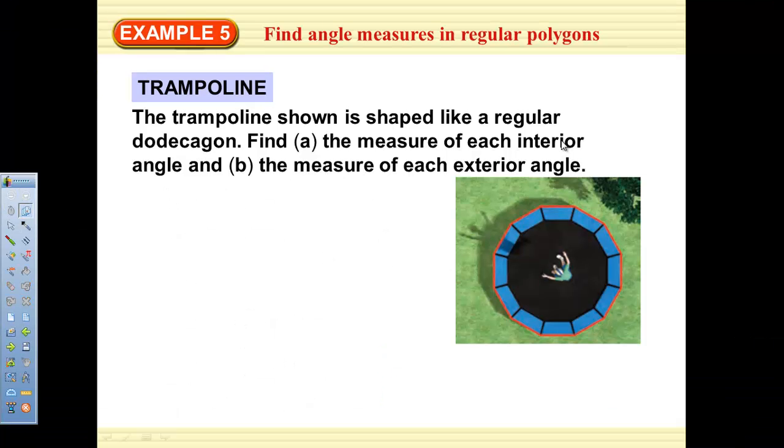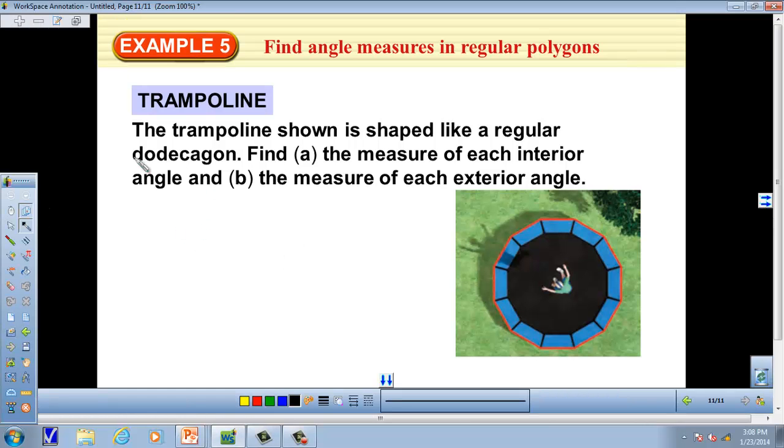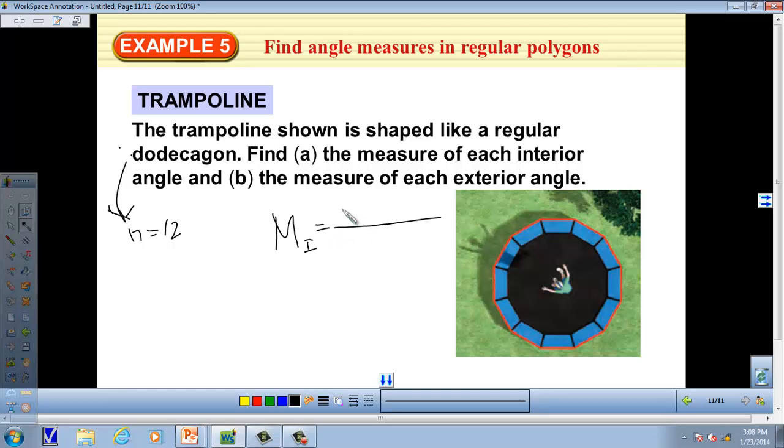So we're going to find the measure of an interior angle on the dodecagon. Since dodecagon means that n equals 12, we're going to find the measure of an interior angle, which is n minus 2 times 180 divided by n, where n is 12.